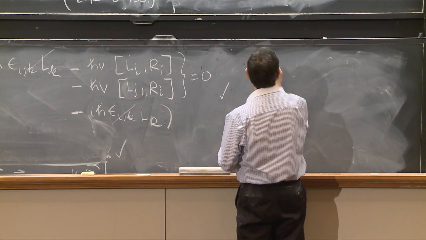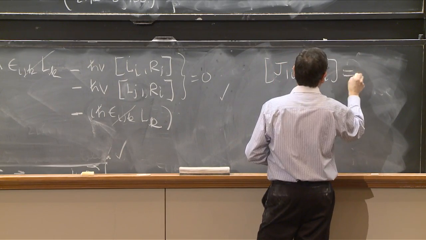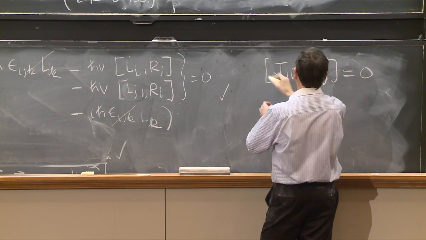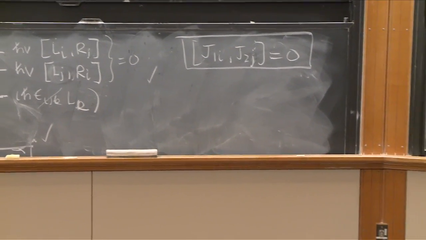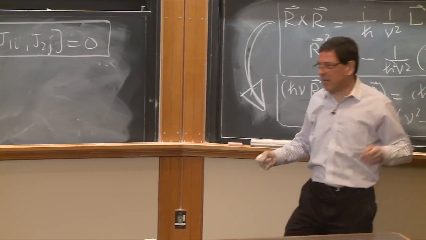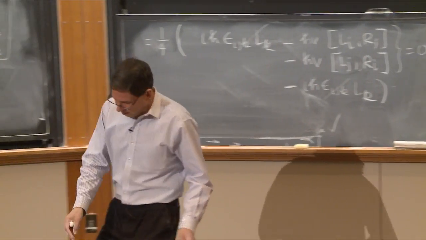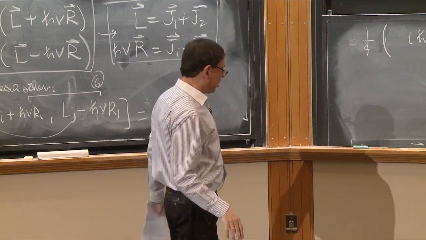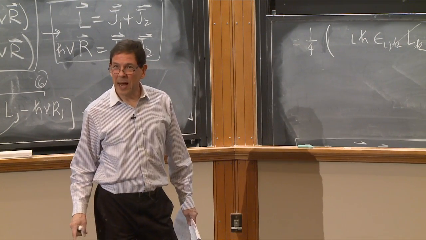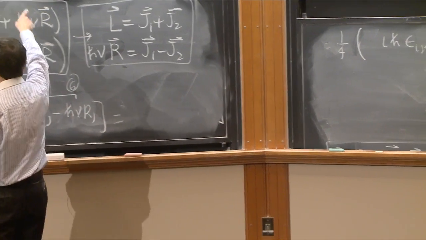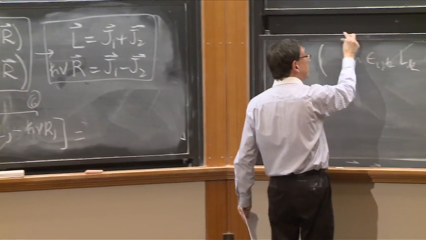So indeed, J1i and J2j commute, and these are commuting things. I wanted to say commuting angular momenta, but not quite yet. Haven't shown they're angular momenta. So how do we show they're angular momenta? We have to try it and see if they really do form an algebra of angular momentum.